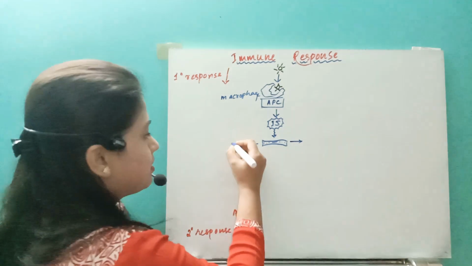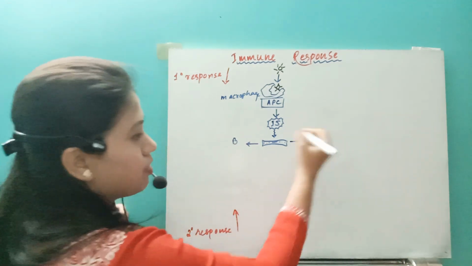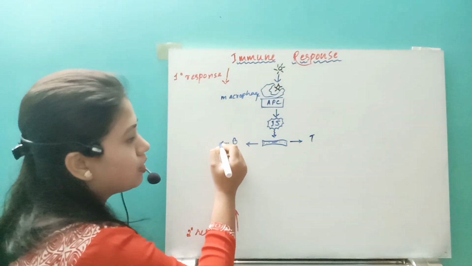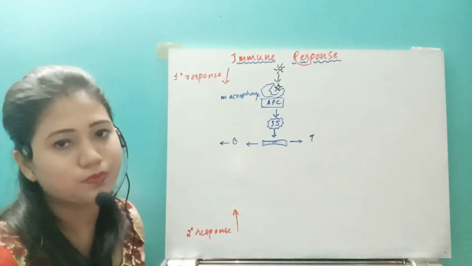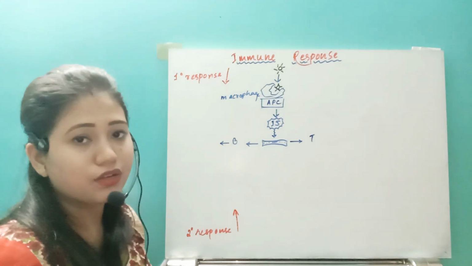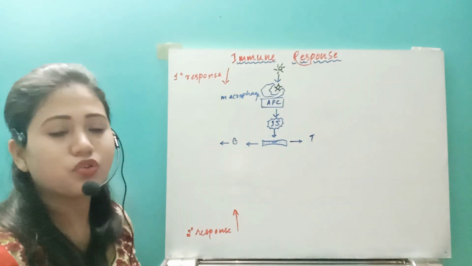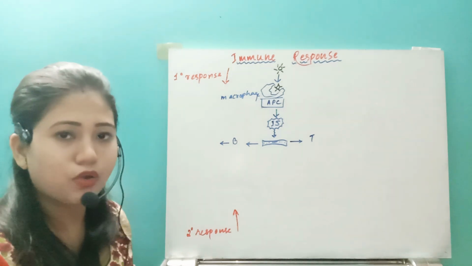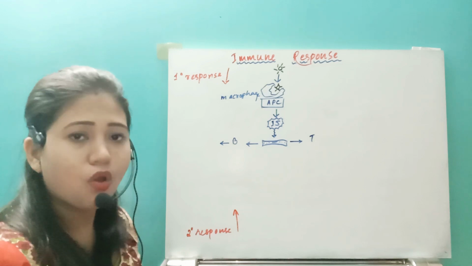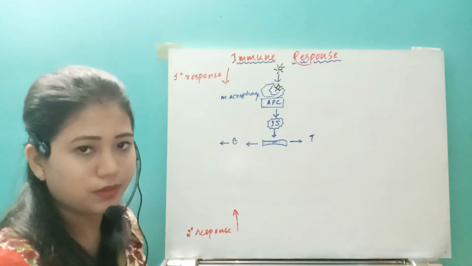One is B cell and another is T cell. This B cell will get matured in the Peyer's patches present in your intestinal region, or in the bone marrow itself. It will be stored in the lymph nodes, lymphoid organs, the Peyer's patches, or the tonsil.